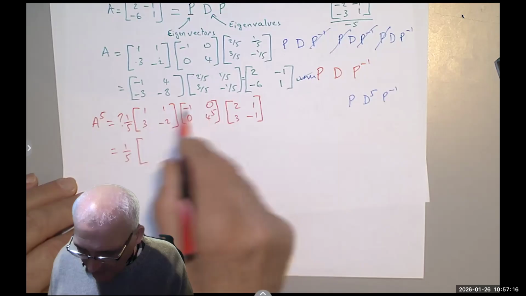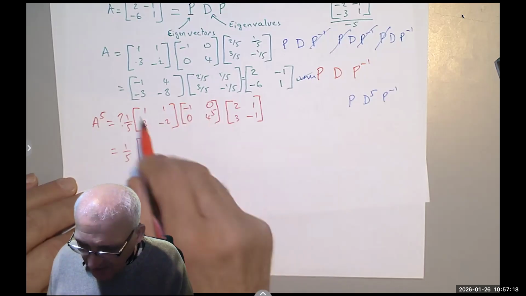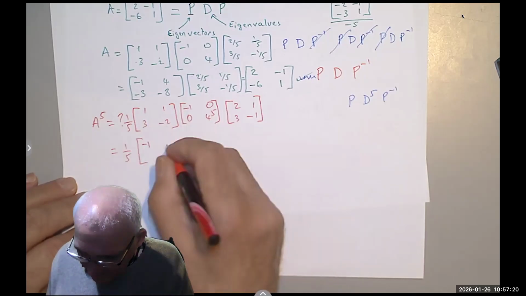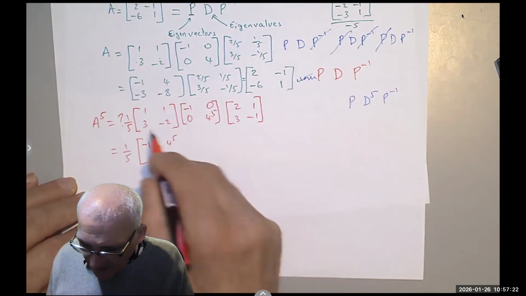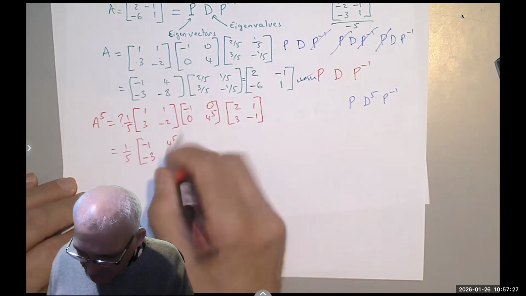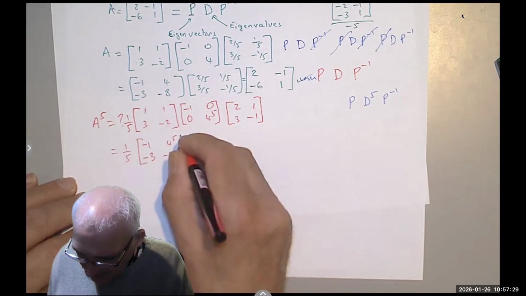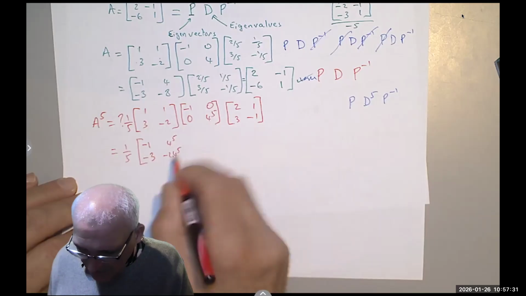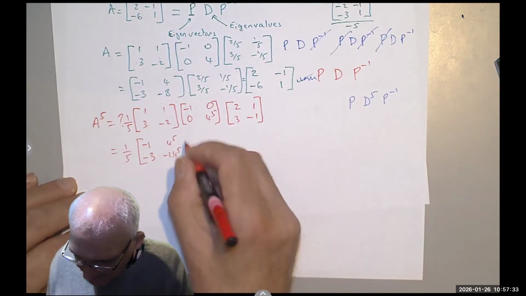So I get -1 plus 0 is -1. 0 plus 4 to the 5th is 4 to the 5th. -3 plus 0 is -3. And 0 minus 2 times 4 to the 5th is -2 times 4 to the 5th.